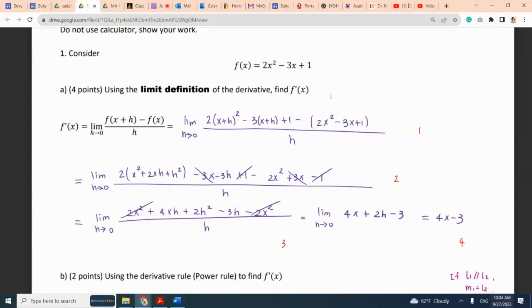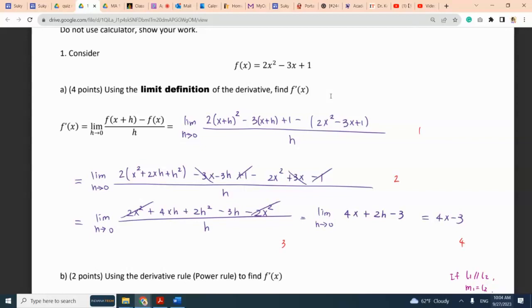And here, when you plug in, you need parentheses. So when you distribute, you actually get minus 3x and then minus 3h. And then here, also you distribute, you change all the signs. So the negative 2x squared becomes positive, minus 3x becomes plus 3x, and times 1 is minus 1.